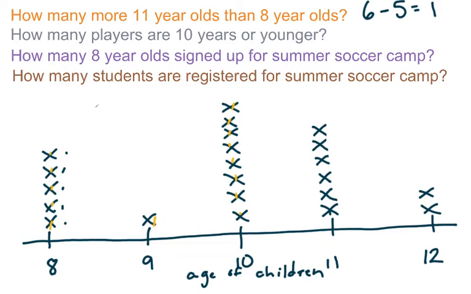There would be 14. How I figure that out is to take 1, 2, 3, 4, 5, 6, 7, 8, 8 10-year-olds plus 1 9-year-old plus 5 8-year-olds.